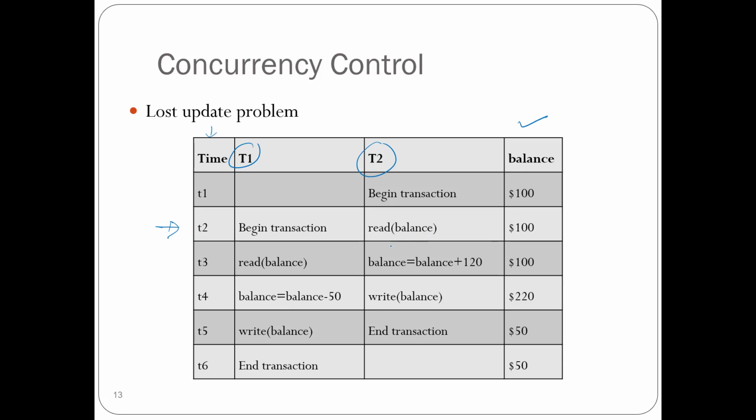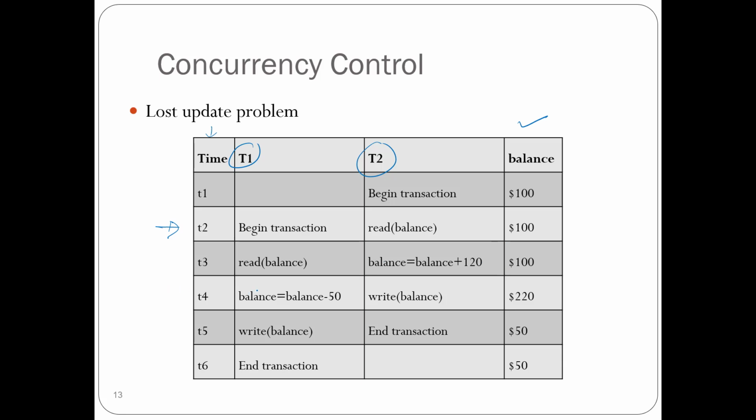If we think about T1 as if T2 was not present, let's ignore the T2 transaction for the time being. For T1, what is happening? You begin the transaction at time T2. At T3, you read the balance, which was 100.